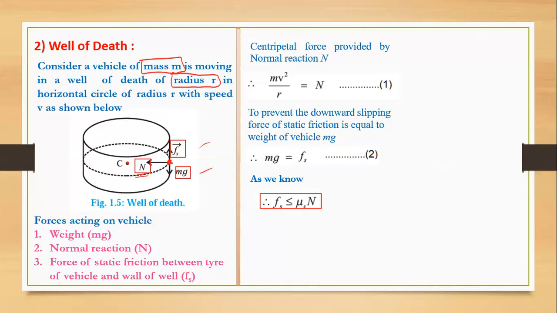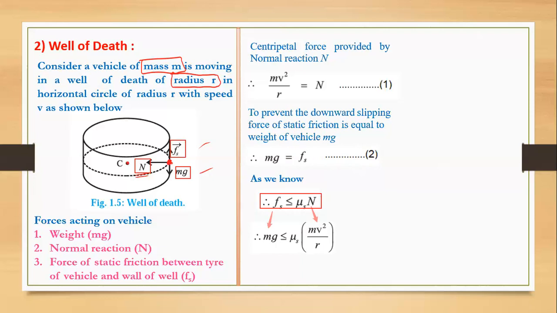So we can say that the force of static friction is less than or equal to mu s N. So let me substitute the values. We substitute here fs by equation number 2, it is mg. And after substituting N, which is equal to mv square by r by equation number 1, we get this equation.